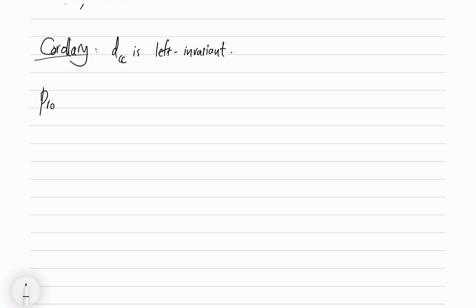Proof. So first of all, this means that dCC of P and Q is equal to dCC of R times P, R times Q for every triple of points in the Heisenberg group.